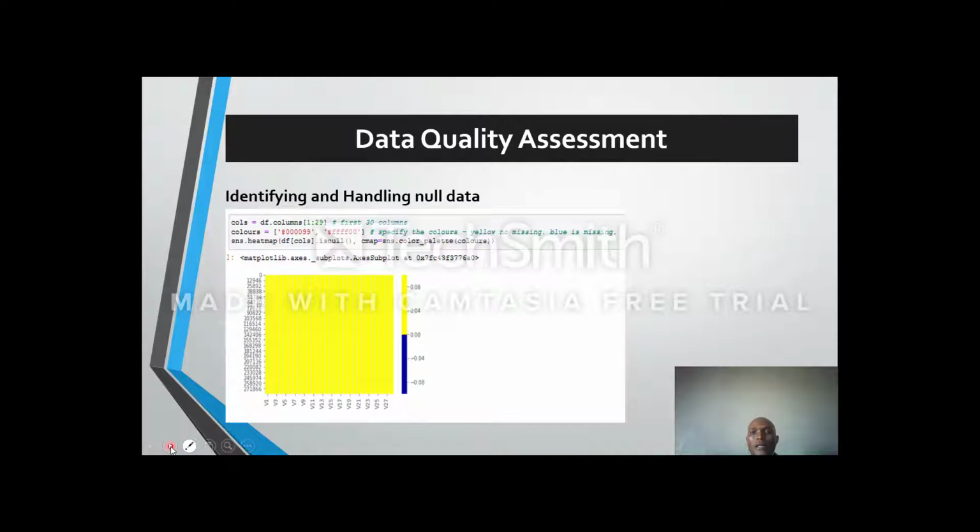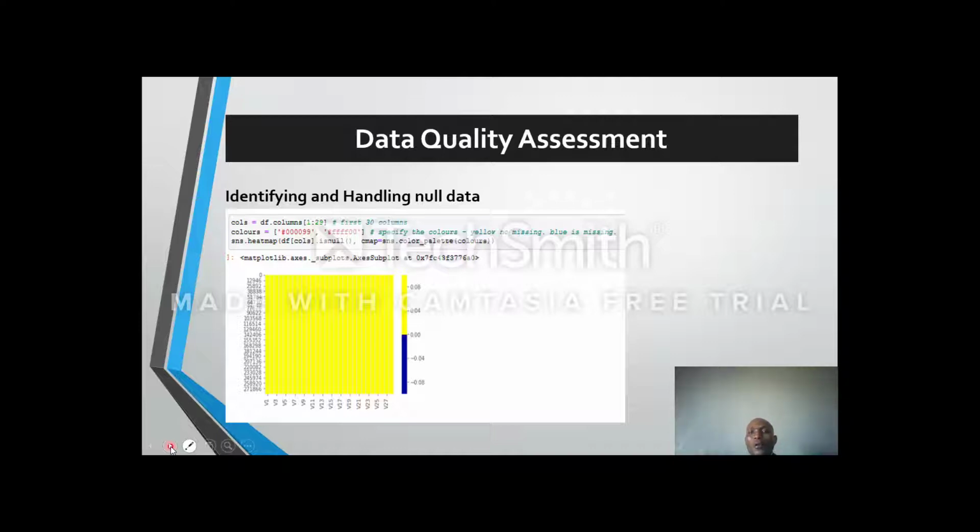The data quality assessment for this project had to do with looking at the null data cases. Do we have null data or don't we in this data set? Because the presence of null data will bring about bias in the performance of the model. This data set was looked through and found not to contain any null data.